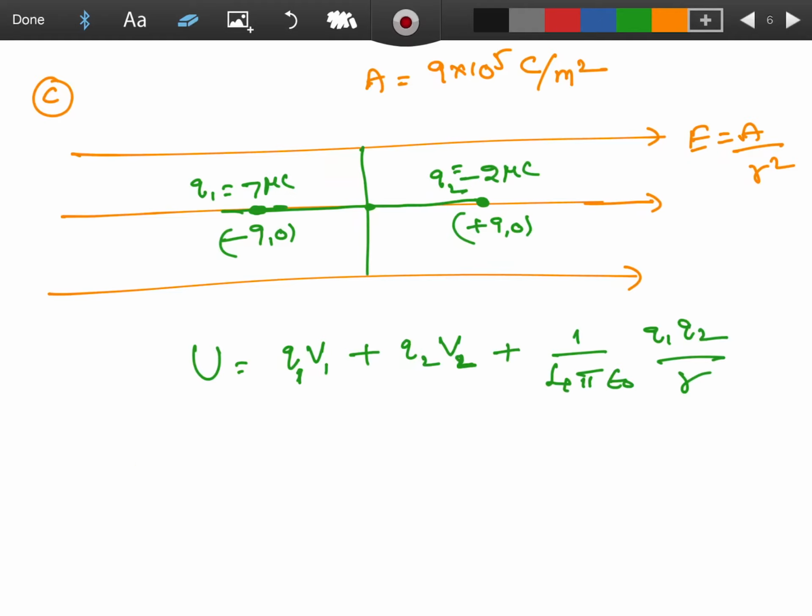Q1, the relation between V and E, they didn't mention V anywhere. How to relate potential and electric field?